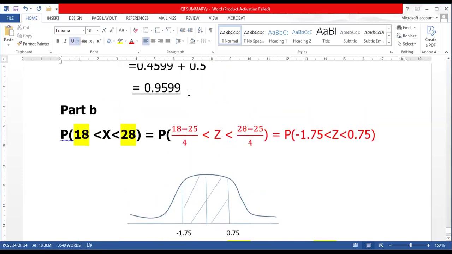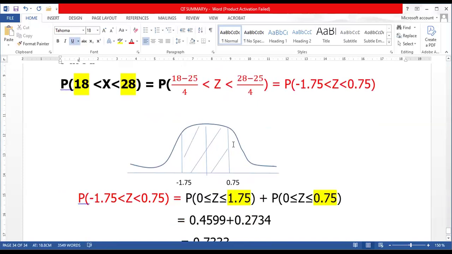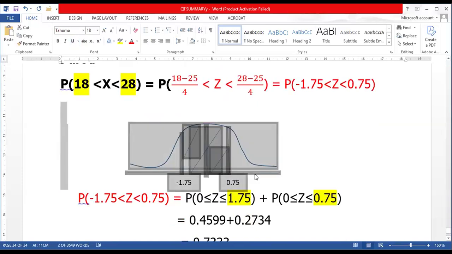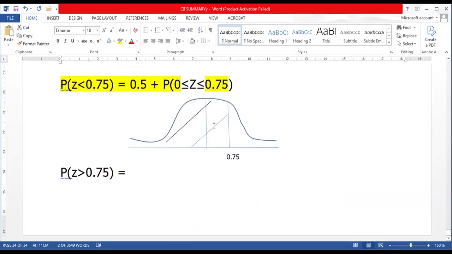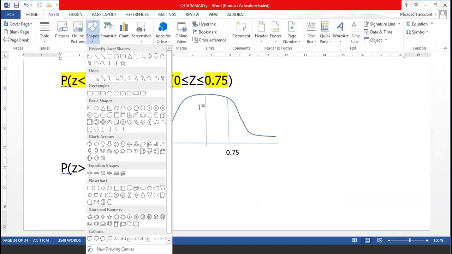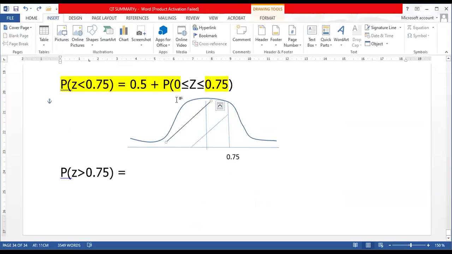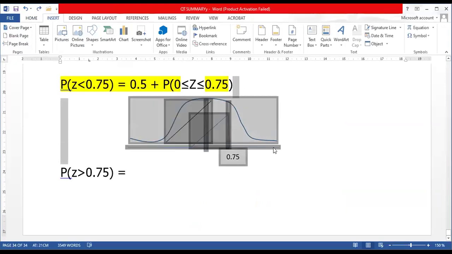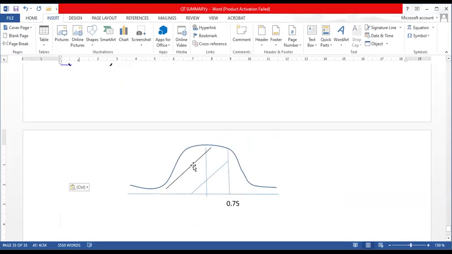You shade the right side, to infinity. This time you don't shade this side, but you shade the right side. I hope some of you are copying this. If you are not writing, that is not my problem. Here we shade the right side.